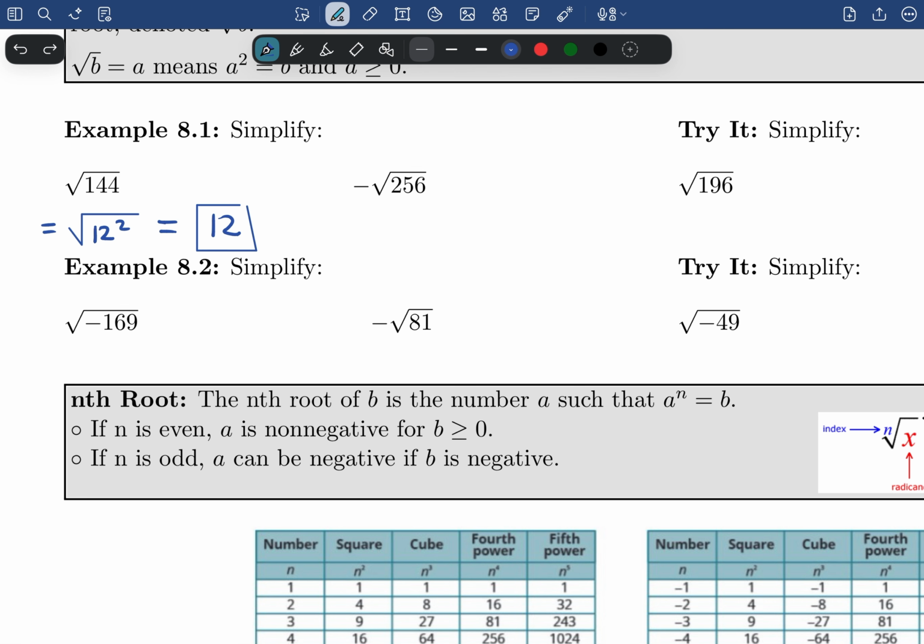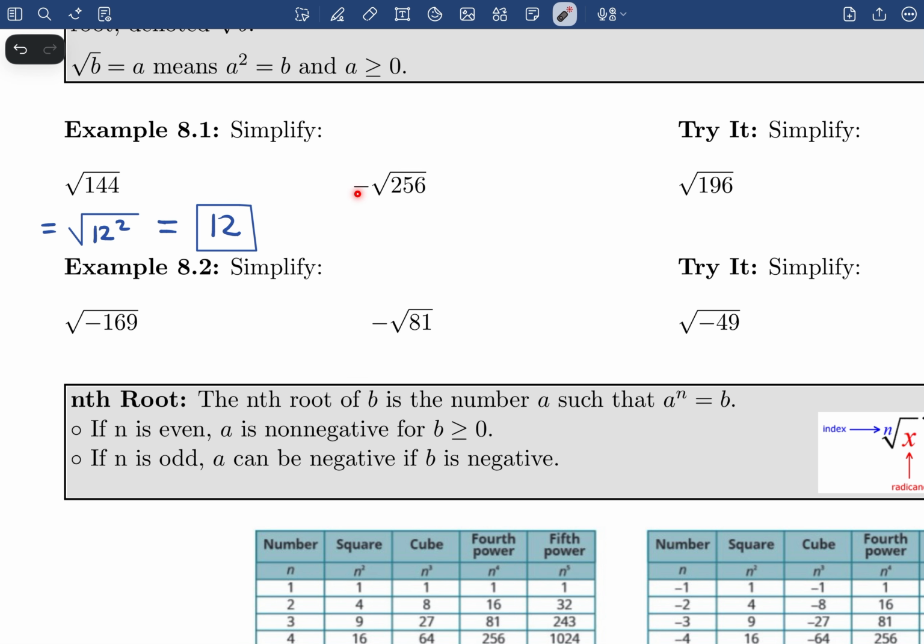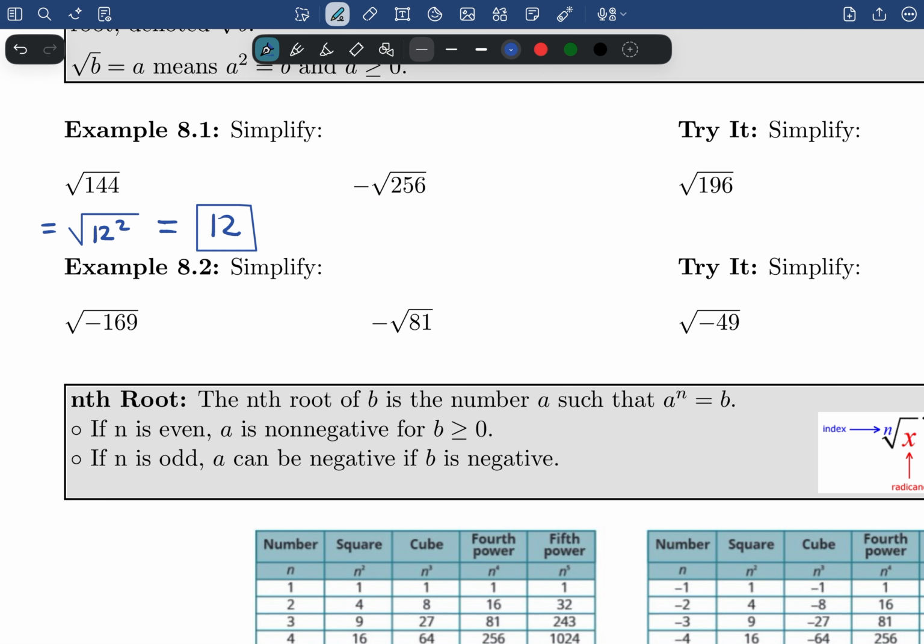Now, if there is a negative in front of the square root, like in this case, ignore it for a second. Just think about what the square root of 256 is, and then we'll apply the negative outside of it after we find that square root of 256. Now, 256 is 16 squared.